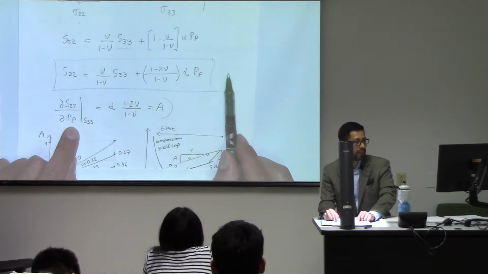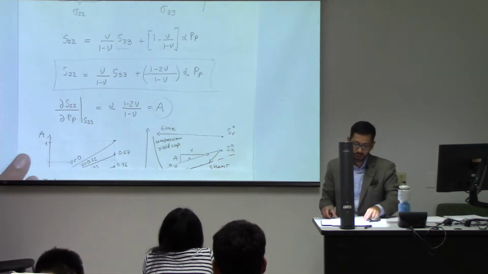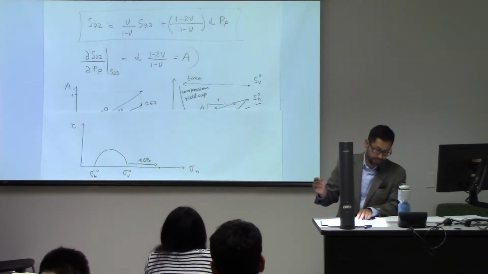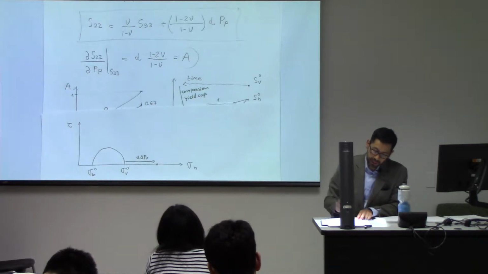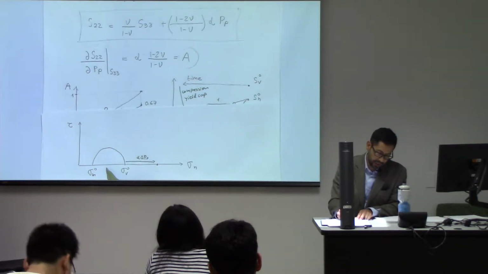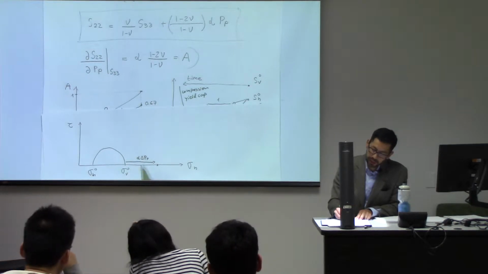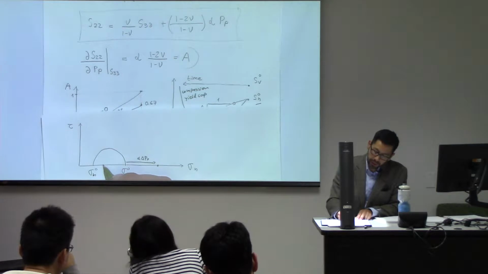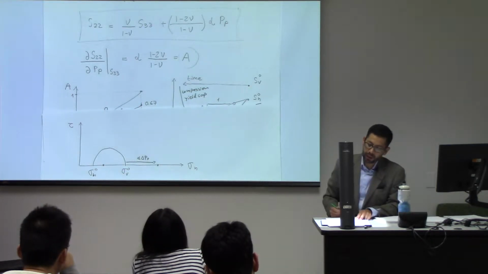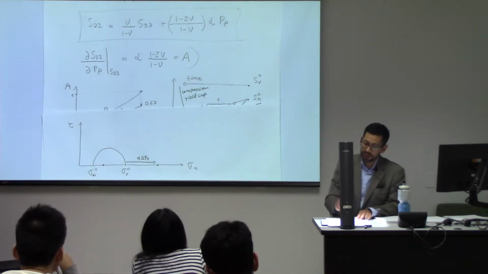Because there is going to be an alpha pp over here too. So if we decrease the pore pressure, the horizontal stress is going to increase an amount which is lower than this. And how much lower? That will be determined by the coefficient A. But it's going to be less than that.